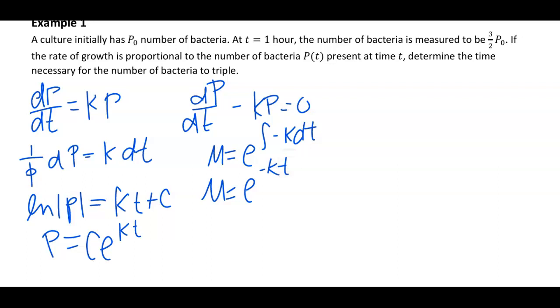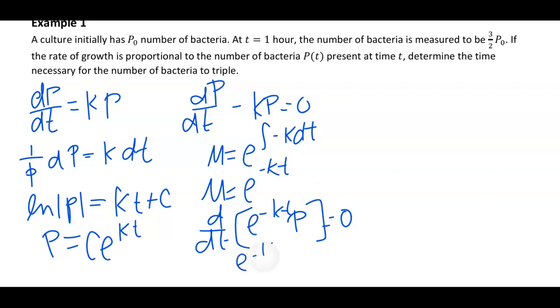In this model, you end up getting the derivative of e to the negative kt times P is equal to 0. So e to the negative kt times P is some constant. And when I move e to the other side, we get this exact same situation for our population equation, okay?